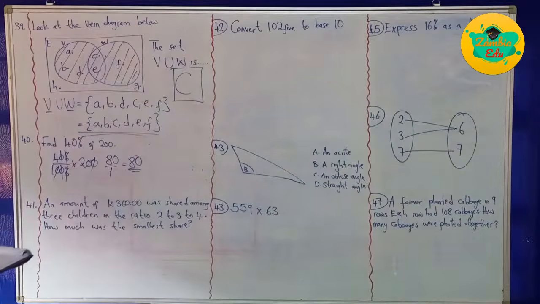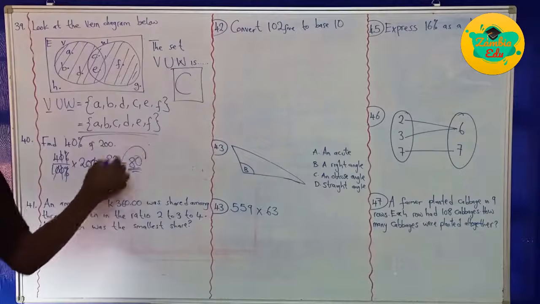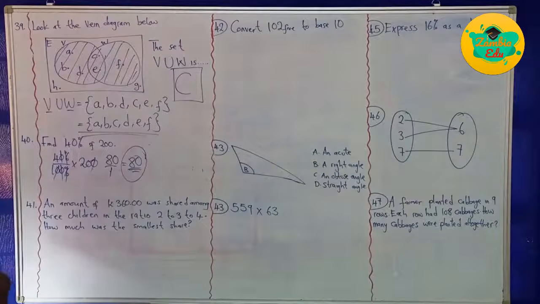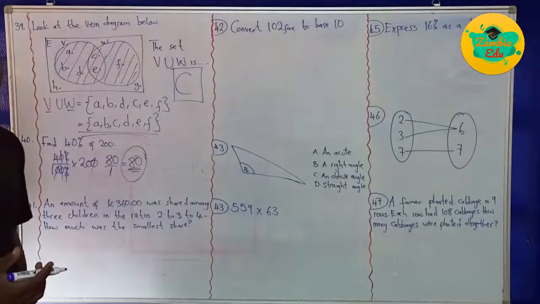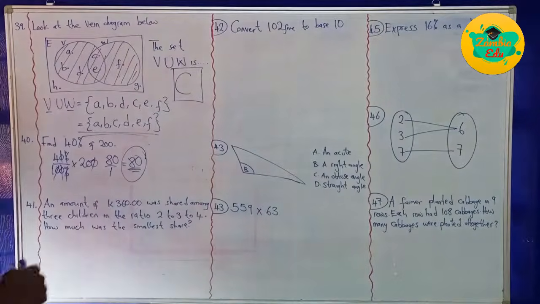And if we look at our options, we have A being 90, B 160, C being 500, and D being 8,000. However, the 80 which we have found, which is the answer, is not there. So preferably we can say that on question 40, there was an error, there was no actual answer.